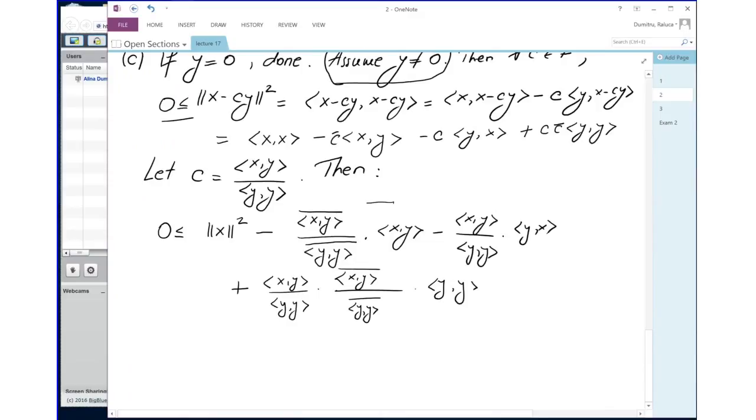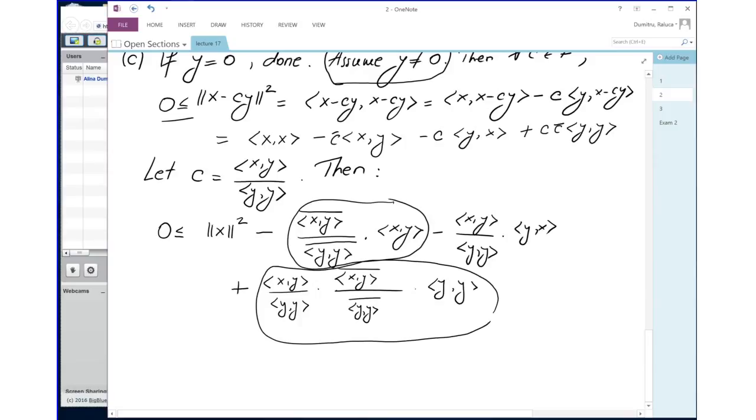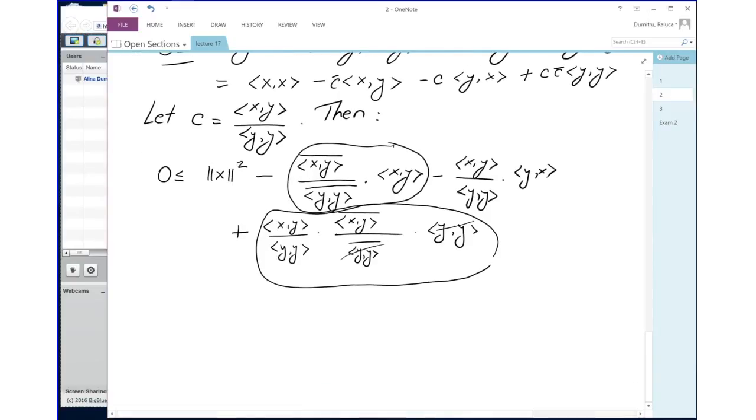But anyway, this term and that term cancel out, right? Because one of these goes away, and you end up with the same thing. So 0 is less than or equal to the norm of x squared minus the inner product of x and y times the inner product of y and x, but the inner product of y and x is in fact the complex conjugate of the inner product of x and y, right?